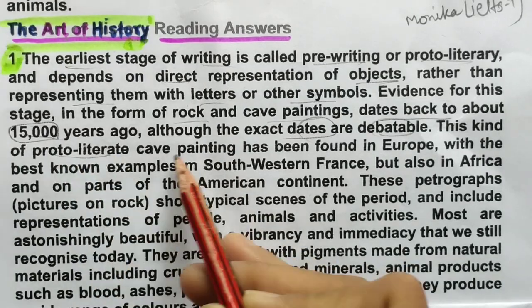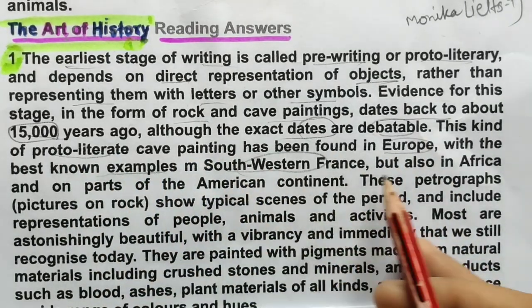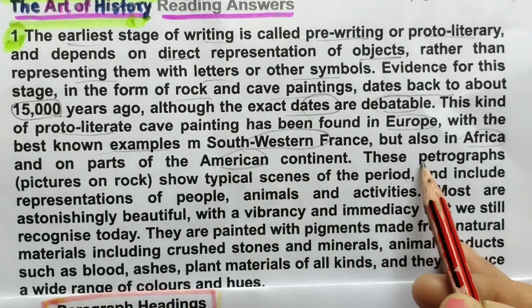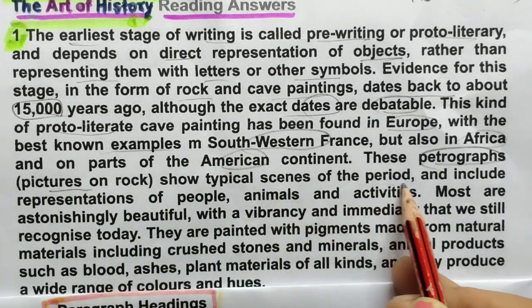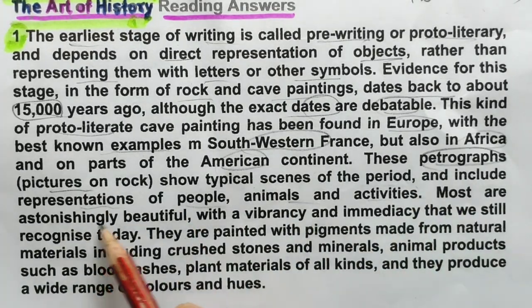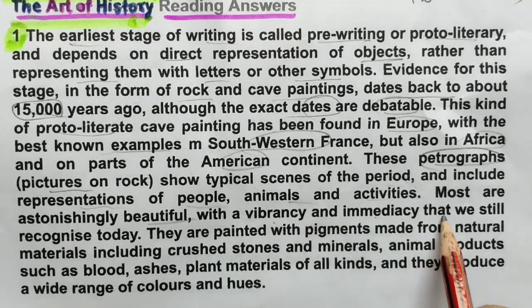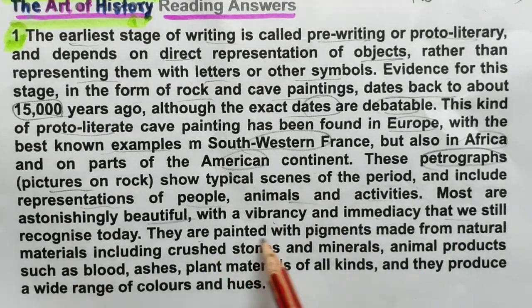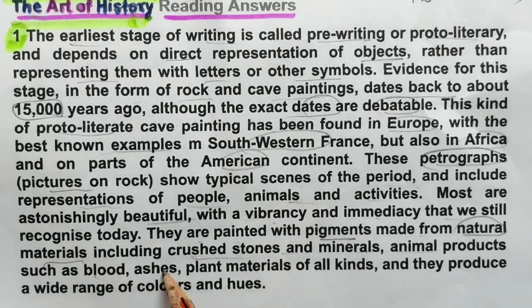This kind of proto-literate cave painting has been found in Europe, but also in Africa and America. These petroglyphs, pictures on rocks, show typical scenes of the period, including representations of people and animals. Most are astonishingly beautiful, with a vibrancy and immediacy that we still recognize today. They are painted with pigments made from natural materials.